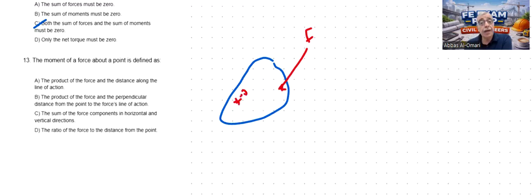So the moment is the force multiplied by the distance. Now the question is which distance? We said that it should be the perpendicular distance. So this is the distance.